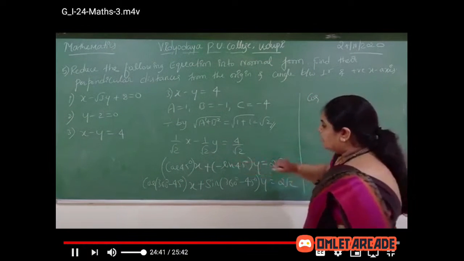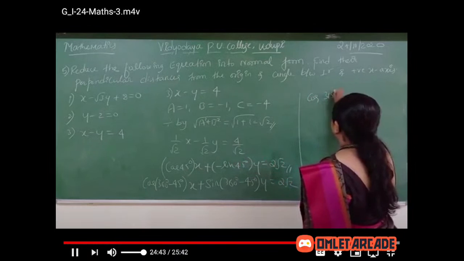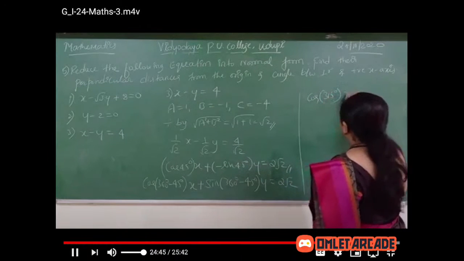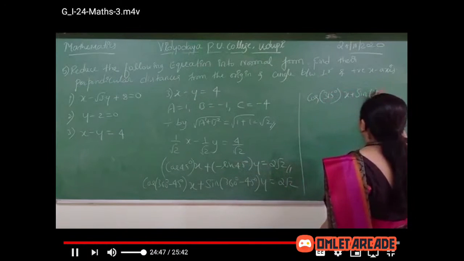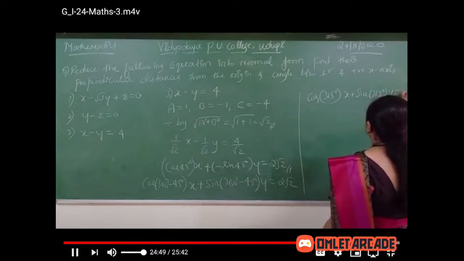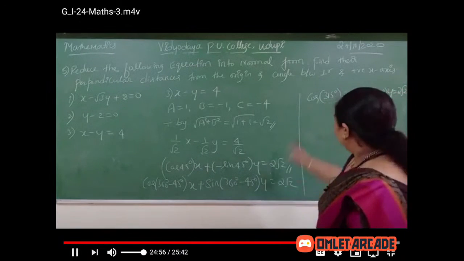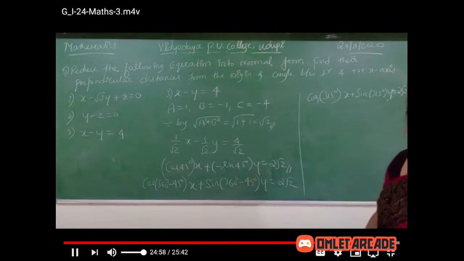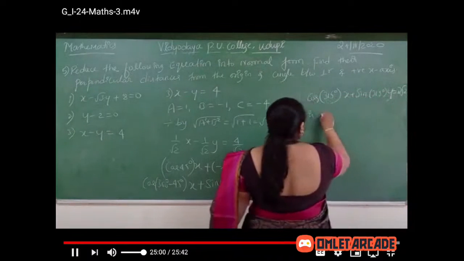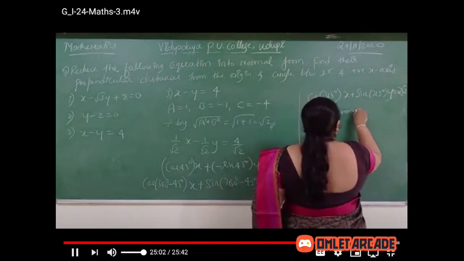Cos of 360 minus 45 is 315 degree. x plus sine 315 degree y is equal to 2 root 2. So it is in normal form.